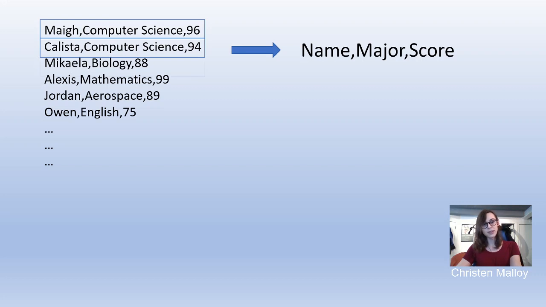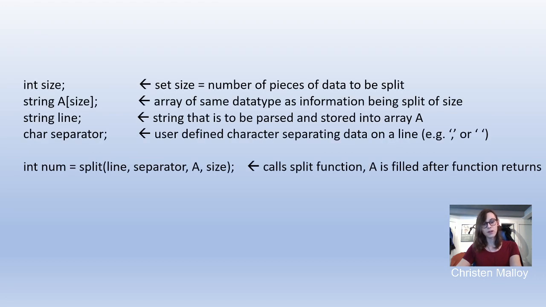And we would have to use a split every time that we grab a line from the file while we're reading through the file. So what does a split need? Well, in order to use a split, we have to have a series of variables or arrays in order to make the split work. The first thing that we will need to think about is the number of types of data on a line.